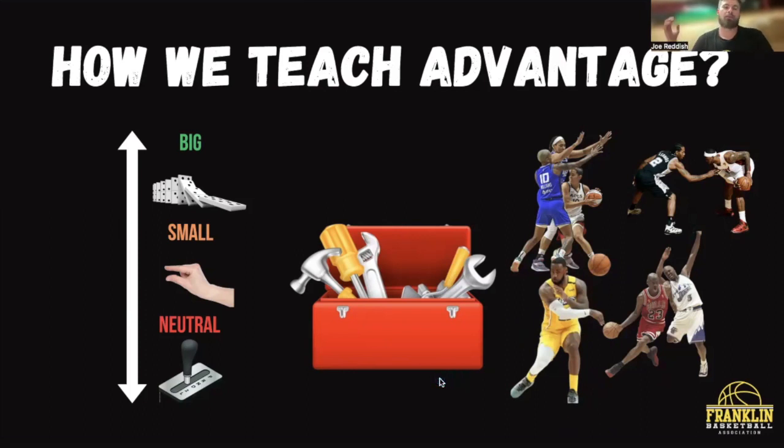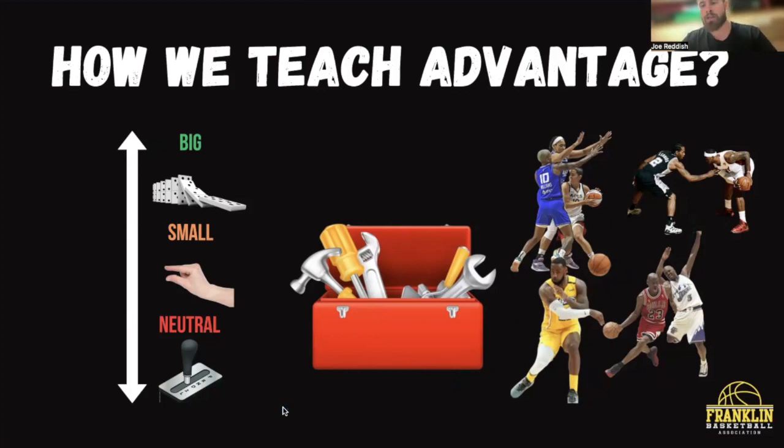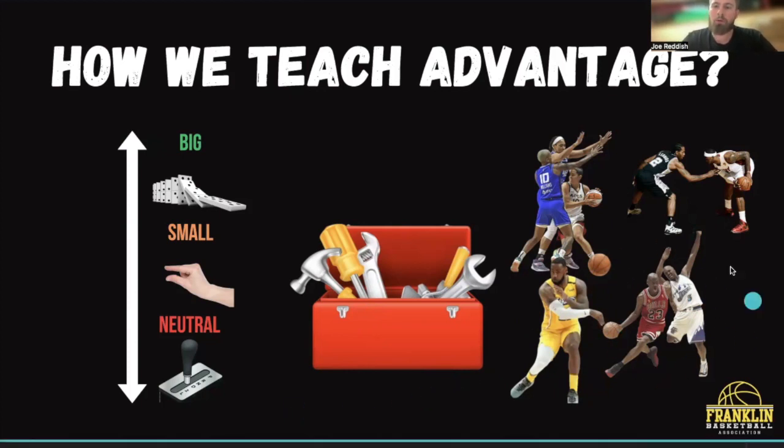We could play some type of game, hot potato, touch the line, whatever it is, where we give offense numbers, and then they would have to figure out where to move the ball to find the biggest advantage to then execute and find a good shot.